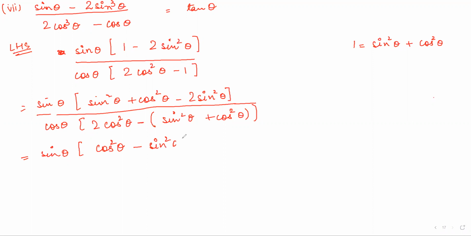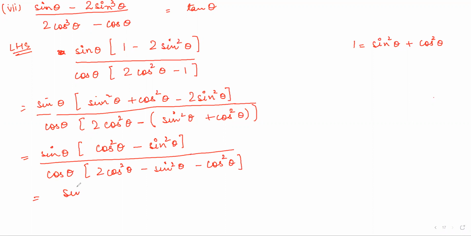Okay, so just subtracting. Then in the denominator, you have cos theta, and it will become 2 cos square theta. Then open the bracket, so minus sine square theta and minus cos square theta.